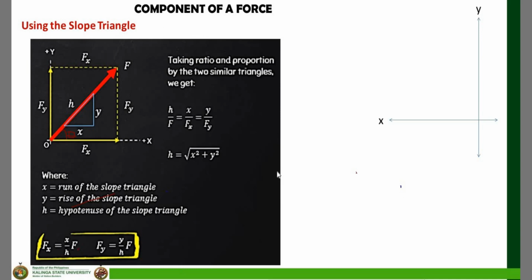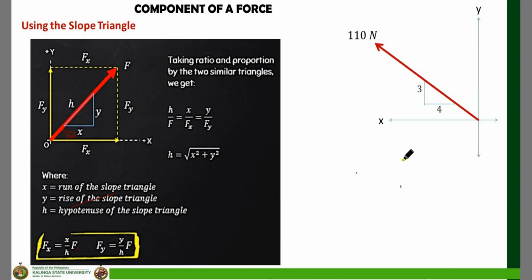So for example, again, here are the x and y axes. Let's say that is my force with a magnitude of 110 newtons. While there is no given angle of inclination, rather the slope is given. So the 4 is the run of the slope triangle or Gx, the 3 is the rise of the slope triangle or Gy, and H is the hypotenuse of the slope triangle.